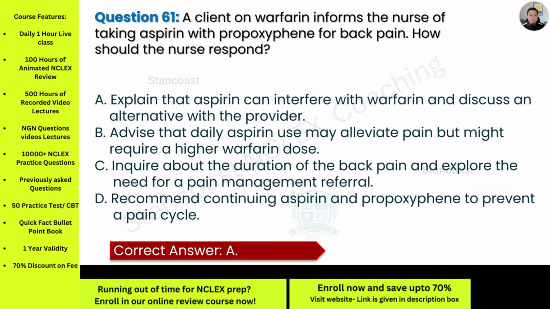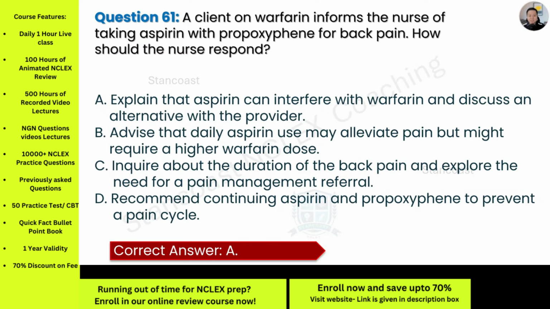If you select letter B, this is incorrect because increasing the warfarin dosage with aspirin use is really going to enhance the bleeding. Letter C as well. We know that assessing pain is important, but it will not address the immediate risk of drug interaction. Letter D, the continuation of aspirin with warfarin, will also disregard the risk of severe bleeding.